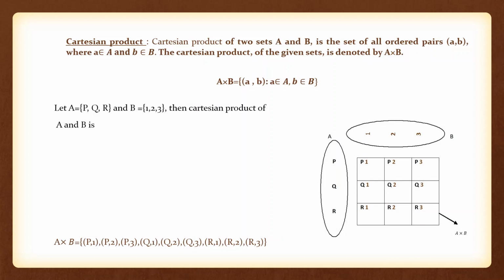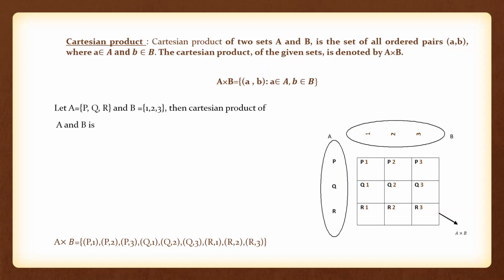Here also the second element of A and the first element of B. Similarly, the second element of A, which is Q, and the second element of B, the second element of A and the third element of B, and so on. So the set of all these values is A cross B, or the Cartesian product of A and B.